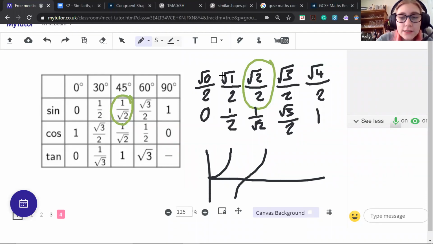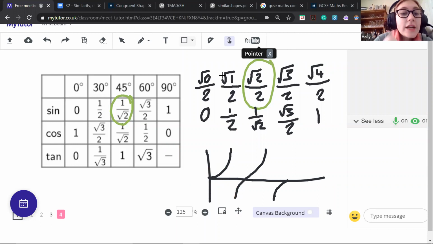Remember, it looks like this. So we see here at 0 it's 0, 45 is 1, which you all remembered anyway, and 90 is this asymptote, so it's undefined. And then I just remember that it's 1 over root 3 and root 3, and that the smaller one, 1 over root 3, is for the smaller angle. That's just how I remember that.